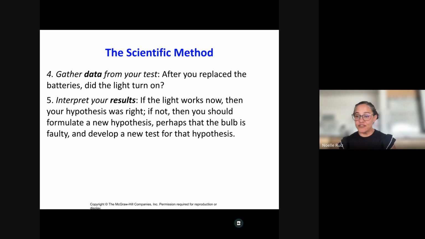Step 4 is you gather data from your tests. These are called results. After you replace the batteries, did the light turn on? Yes or no? That's your data. That's all you need. Yes, the light turned on. No, it did not.